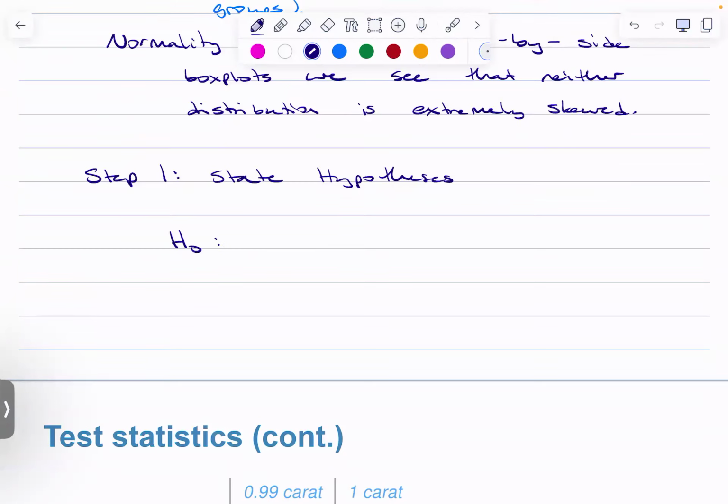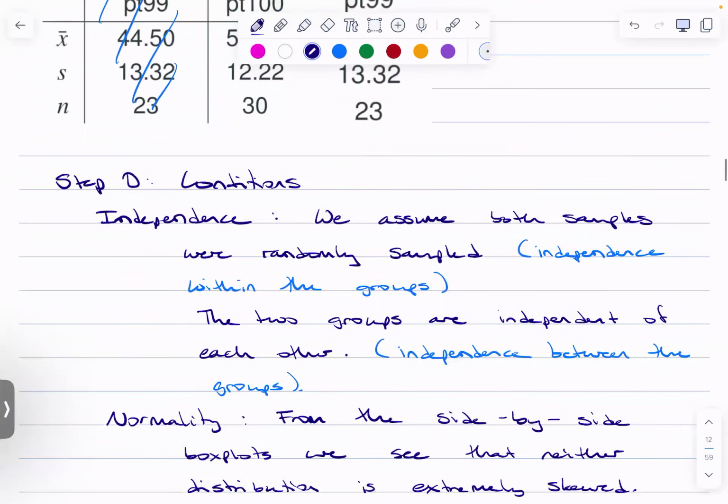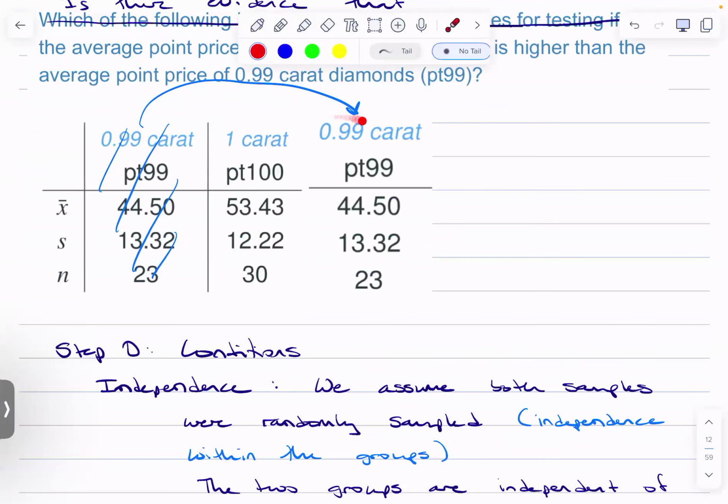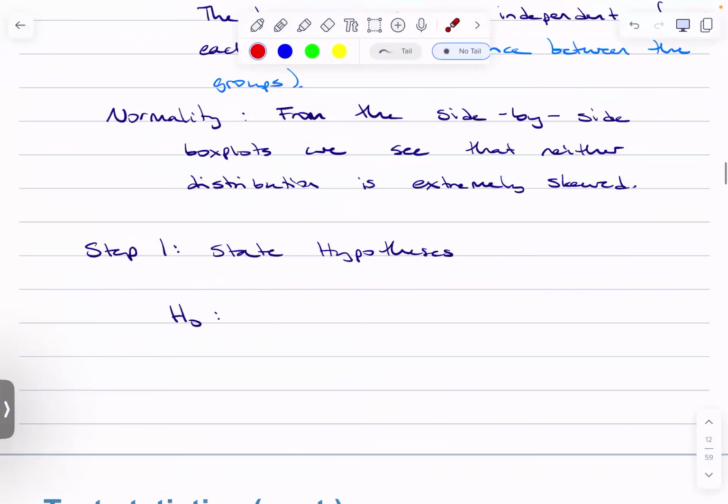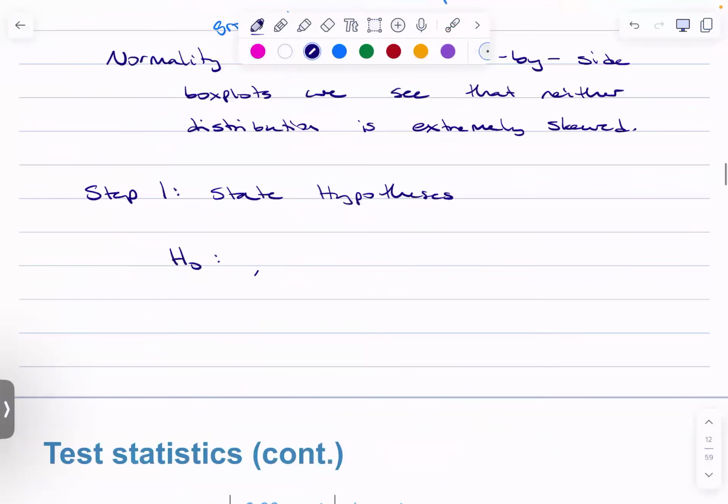My null hypothesis, right, is, and now that I've moved the data around to match the order, right, then I'll talk about 1 carat versus 0.99 carat. Right? So mu of 1 carat versus mu of 0.99. I first have to assume that they're equal to each other.